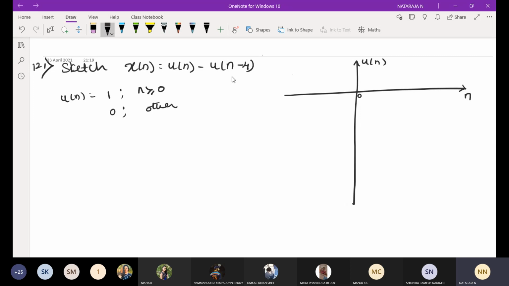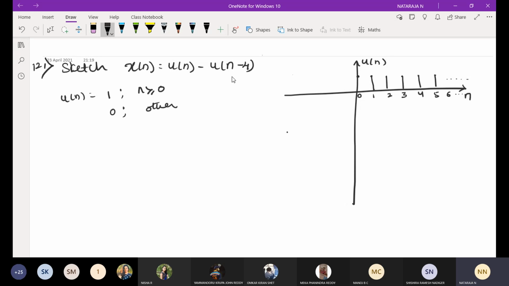This is 0, 1, 2, 3, 4, 5, 6, and so on. Amplitude will be 1, 1, 1, 1, 1, and so on. This is my u of n. It ends at infinity. For n greater than or equal to 0, it will be 1. For n less than 0, it will be 0, in the negative infinity as well.